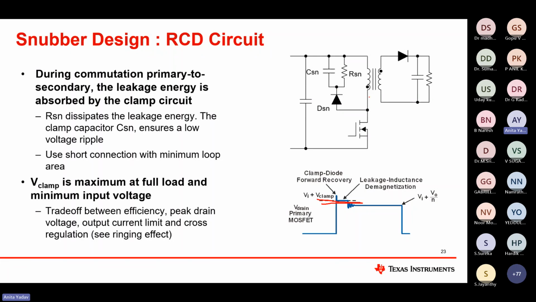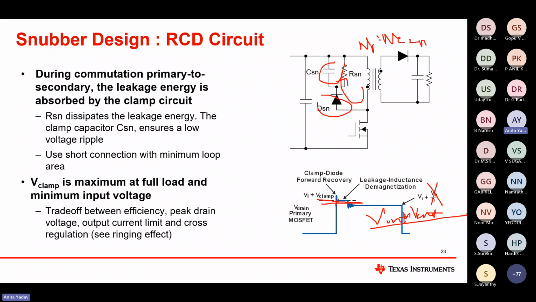The moment the voltage across this FET becomes equal to V in plus N V out. Sorry, let's talk with respect to the previous circuit only, and there we have the ratio NP to NS, and let's consider that as N. The moment the voltage goes higher than this value, V in plus N V out, this diode will get forward biased, and the leakage energy starts getting dissipated across this.